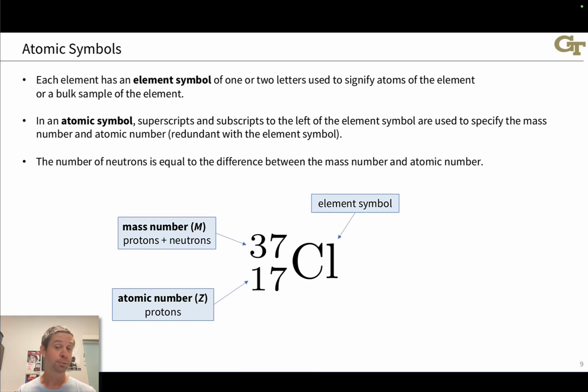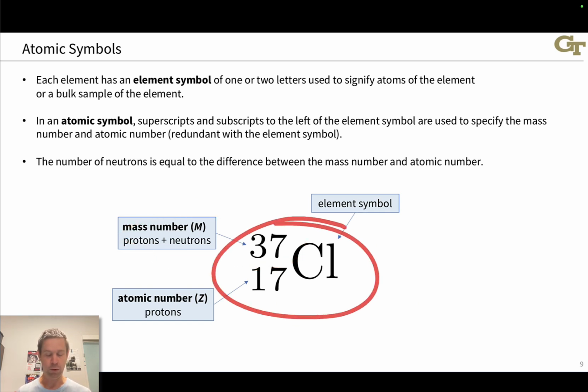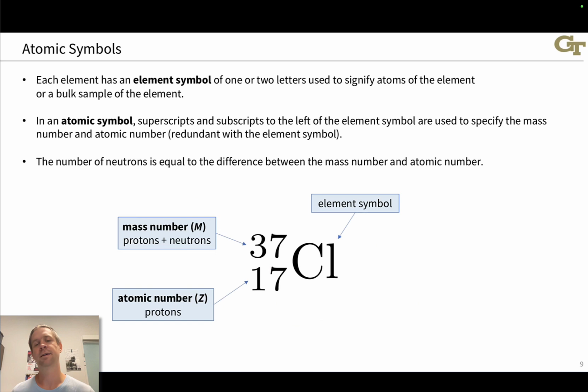The mass number of this particular atom of chlorine or sample of chlorine atoms is 37, and this is the total number of protons and neutrons. And this thing as a whole is the atomic symbol for chlorine-37, the isotope of chlorine specifically with the mass number 37.